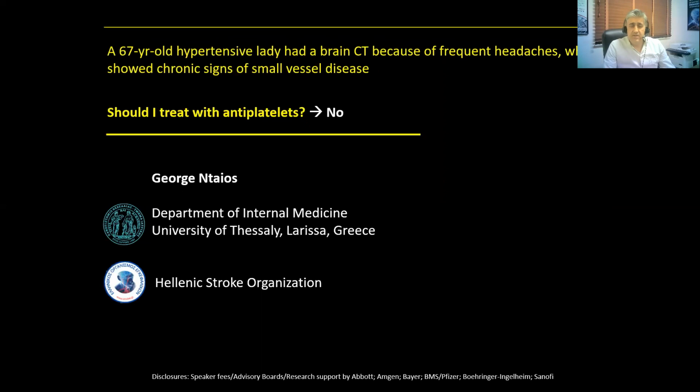So going back to our lady, and this is my last slide, this 67-year-old hypertensive lady who had a brain CT with chronic signs of small vessel disease, but without any stroke, without any TIA. The question is, should I treat with antiplatelets? The answer is clear. No, we have high quality evidence nowadays to know that the answer is no, we shouldn't treat with antiplatelets. This is the message that I wanted to convey.